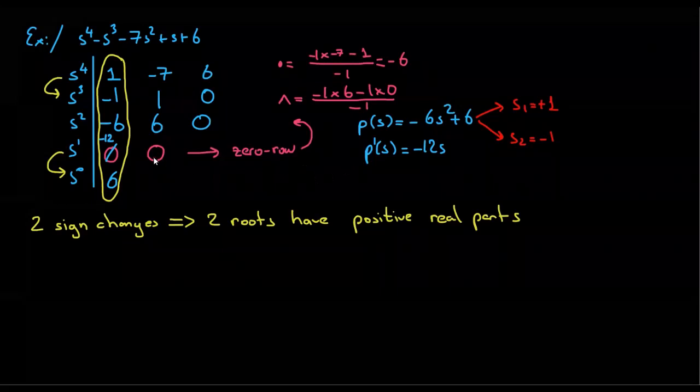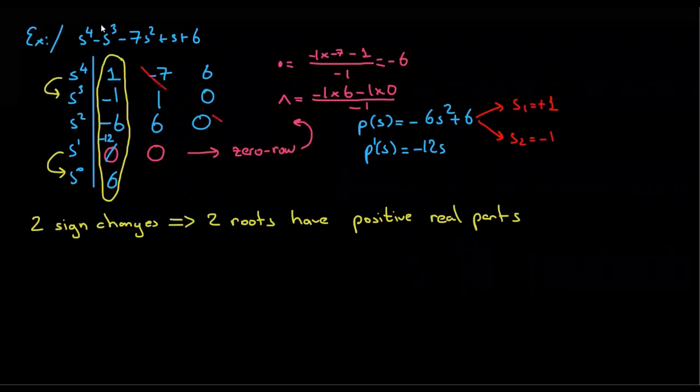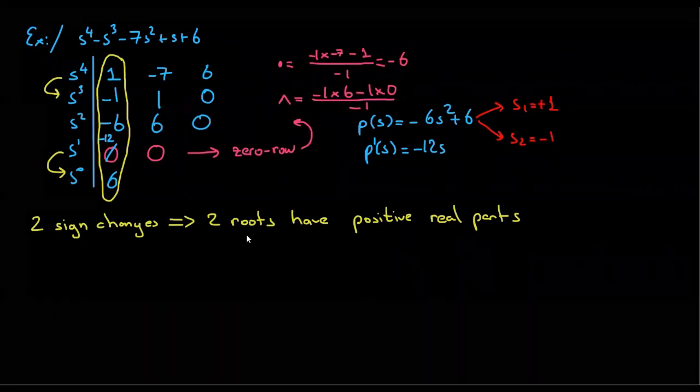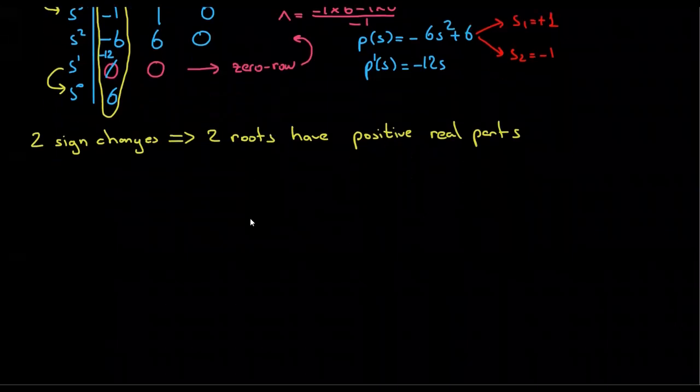So I already know that when I encounter the 0 row, the roots don't lie on the open left half plane. So if this was the characteristic polynomial of the system, it was unstable. And I also know that there are two sign changes in the first column of the rotary, so I know that there are two roots with positive real parts. Okay, so that's how we deal with the 0 rows in the rotary. So let's continue with another example.